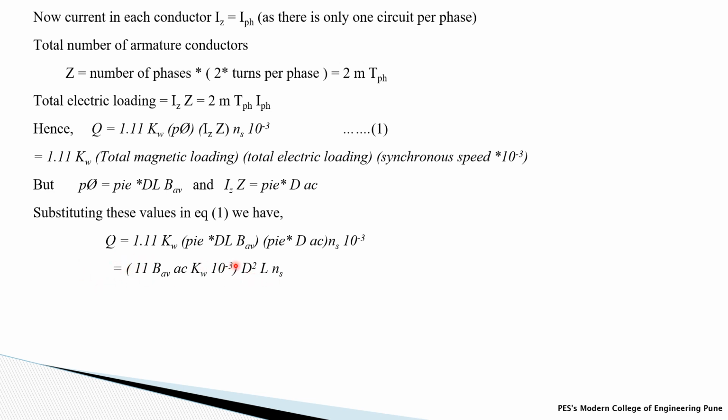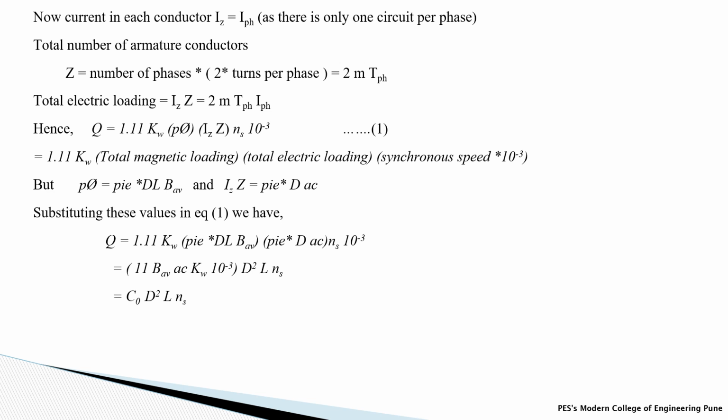The constant in the bracket is nothing but Bav AC Kw. After the design of the induction motor, we can consider this a constant, because average flux density will be constant, AC also will remain constant, and the winding factor after design will remain constant. That's why we can denote this whole constant term with another constant, C naught.